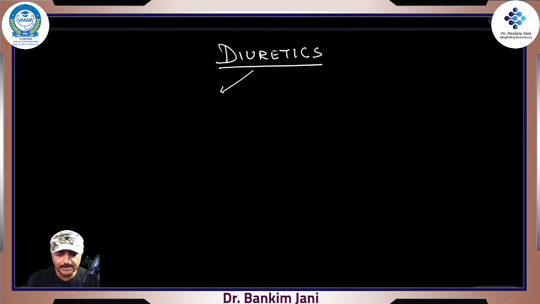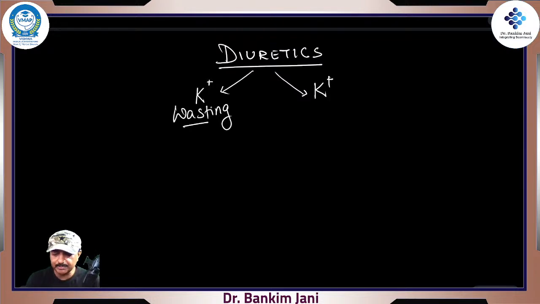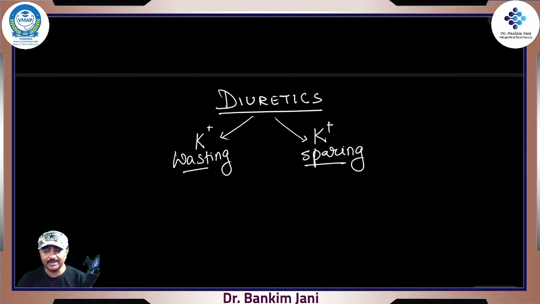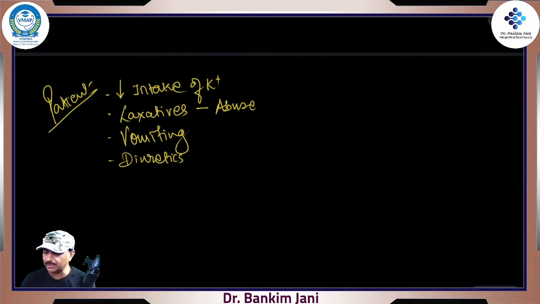There are two major groups which you must know. One is potassium wasting diuretics, and the second is called the potassium sparing diuretics. In physiology we'll be going into depth about it. What are laxatives? Laxatives are taken for constipation, which allows the passage of stool.